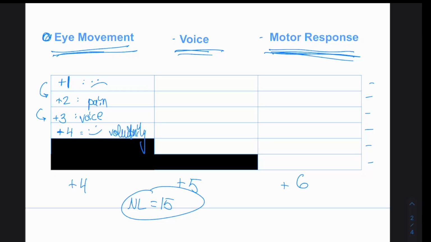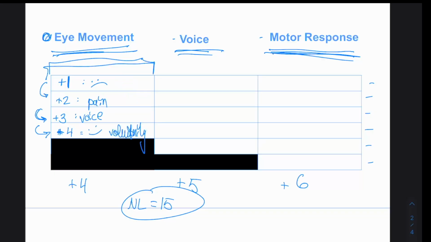So no painful stimuli, no physical stimuli, but the patient is opening to maybe the sound of their name or you just talking to them. And then obviously from +3 to +4, you get a +4 if you're able to open your eyes voluntarily. So that is eye movement. Again, you want to think about it as no eye movement, opening to pain, opening to voice, and then spontaneous.